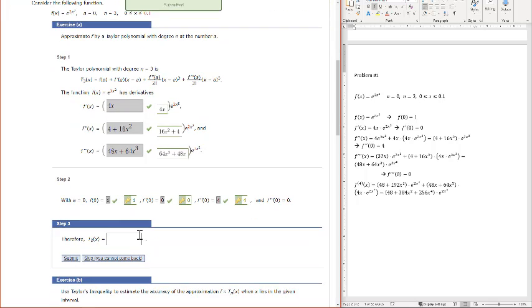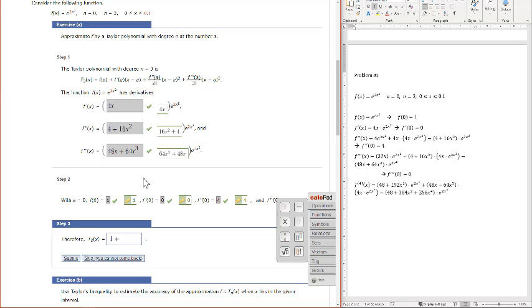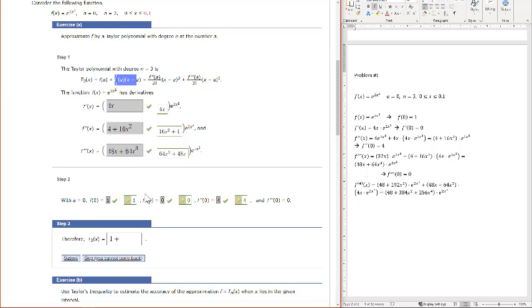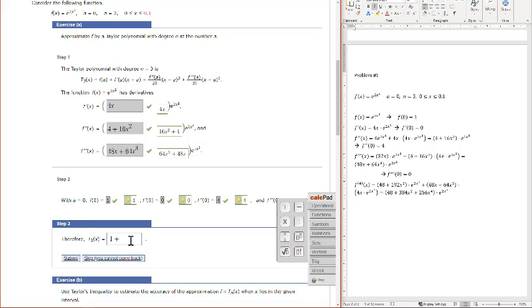So therefore Taylor's polynomial, if we just plug in all these values, we have f of 0 for our first term, and then our second term, f prime of 0, it turns out the first derivative is 0. You don't need to put this; I'll temporarily put it and take it out later. x minus 0.